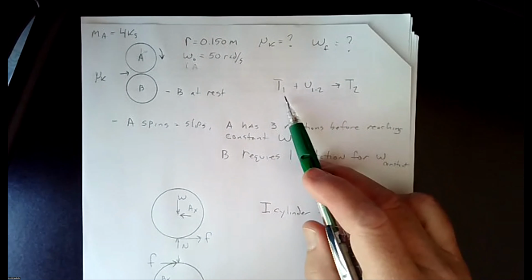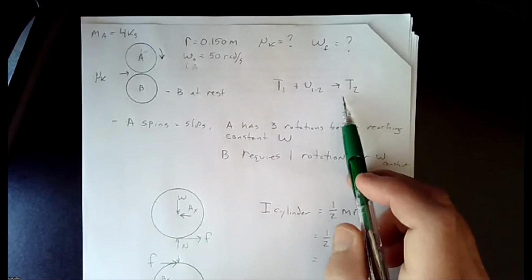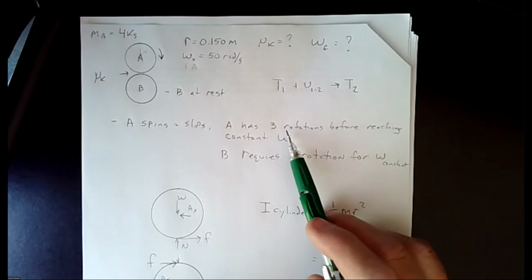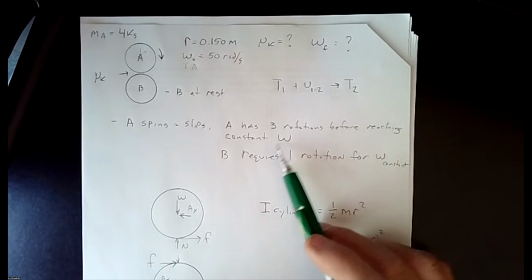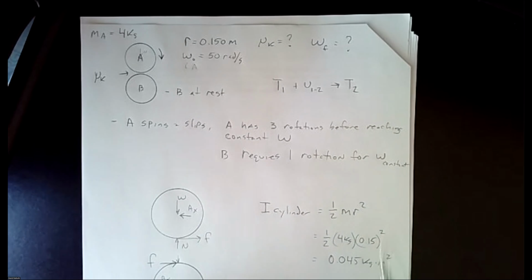So again, we're going to use our T1 plus U1 to 2 equals T2. And so we know that A spins and slips. A has 3 rotations before reaching constant omega. B requires 1 rotation before reaching constant omega.